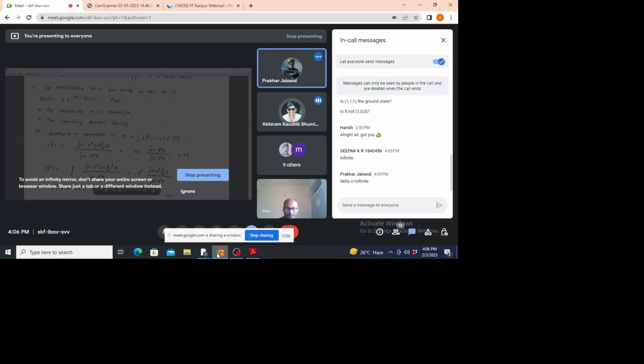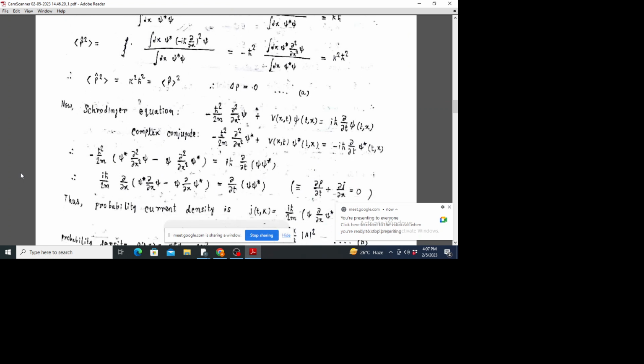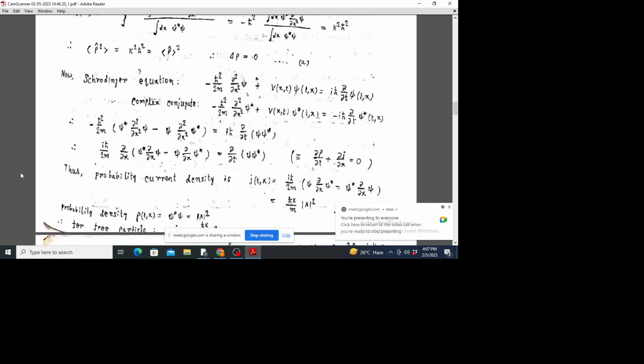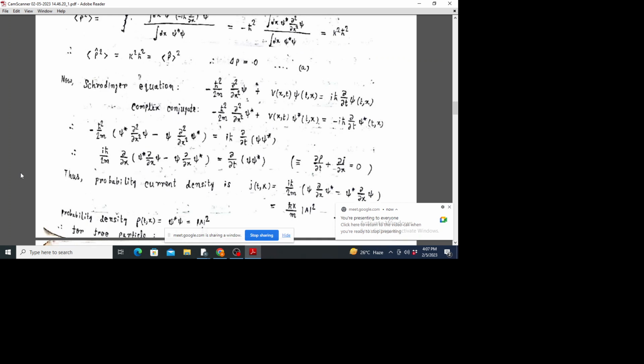Now the probability current density. Do you know about the probability current density? Yes, sir, a little bit. Mod psi of x,t squared is the probability density.